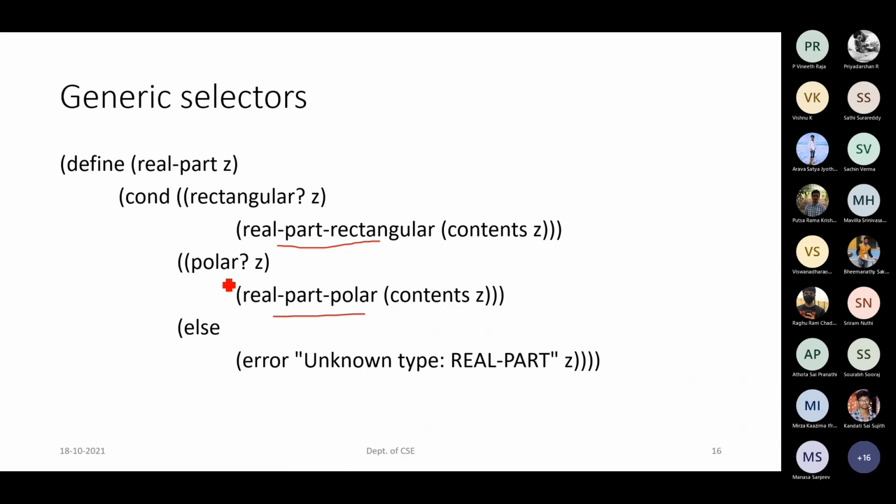Similarly, if it is a polar one, polar question mark Z when you pass, it will be calling this polar procedure which we have defined just now. It will compare it with that tag polar. If that condition is satisfied, we will be calling real part of polar by passing the contents of it. If these two conditions are not satisfied, that means the name whatever we have given as the tag, it's not for the complex number.